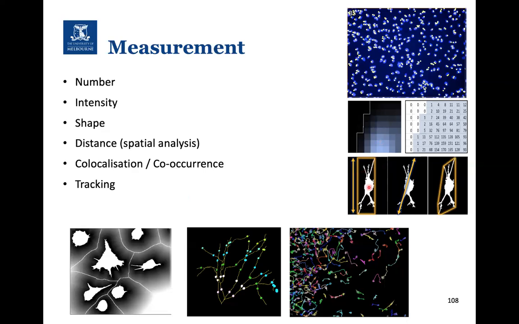What are some quantitative readouts of what this shape is doing in comparison to others? We can look at distance, so how far apart these cells are. We can look at co-localization. If we're doing live cell experiments, we can track the cells, look at their directionality, their speed, that type of thing. Again, thousands of different options in terms of quantification, and it really comes back to the questions that you're trying to ask for your research.